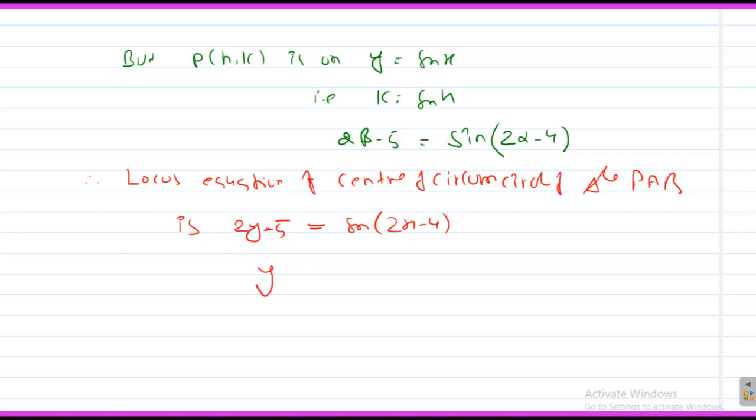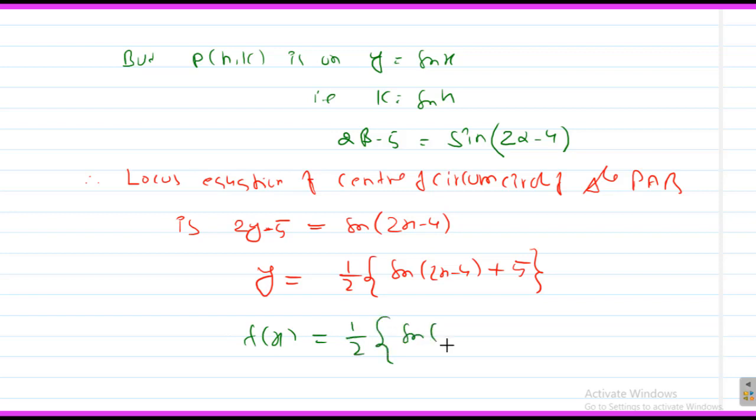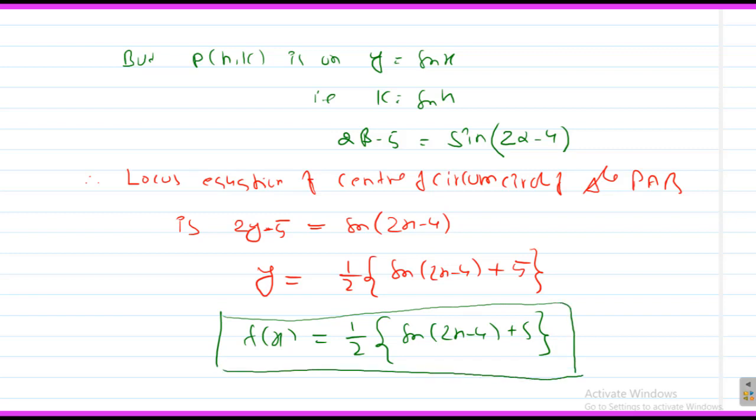In other words, y equals half of sin of 2x minus 4, plus 5. More generally, f of x equals 1 by 2 times sin of 2x minus 4 plus 5. So this is the locus equation of the center of the circumcircle of triangle PAB. Based on this, we need to solve the remaining problems.